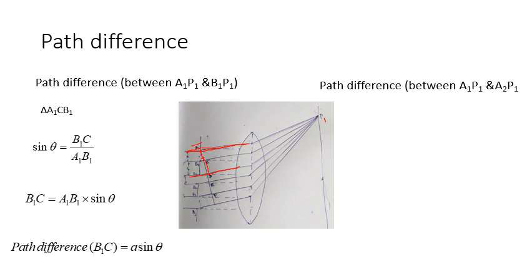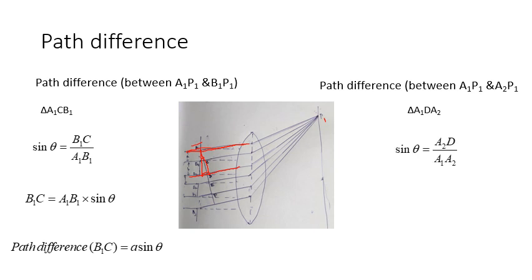It should meet the beam A2P1. So once again, here you are getting another triangle, that is triangle A1, D, A2. Here also I am going to apply the sine law.